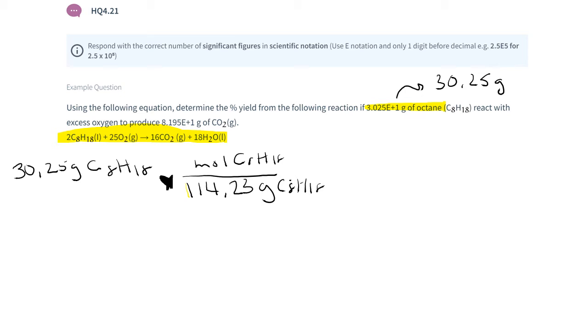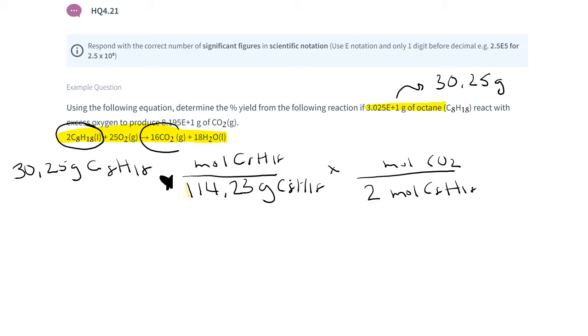So if we just stopped right here, we'd have that in terms of moles of octane. So now what we can do is say how many moles of octane are in how many moles of CO2. And that's when we're going to look up here and say for every 2 moles of octane, we make 16 moles of CO2. Stopping right here, we would have a final answer in terms of moles of CO2.